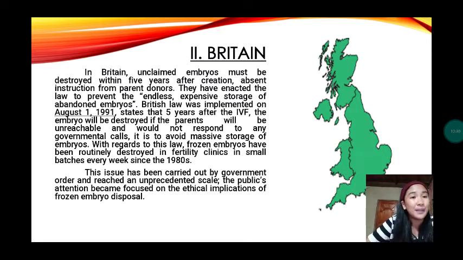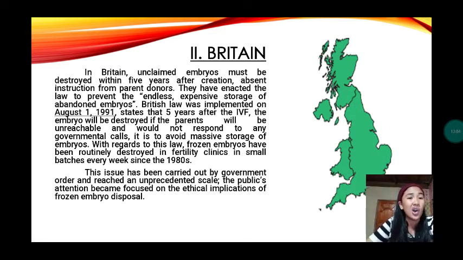British law, implemented on August 1, 1991, states that 5 years after the IVF process, the embryo will be destroyed if the parents are unreachable and do not respond to any governmental calls. It is to avoid the massive storage of embryos.